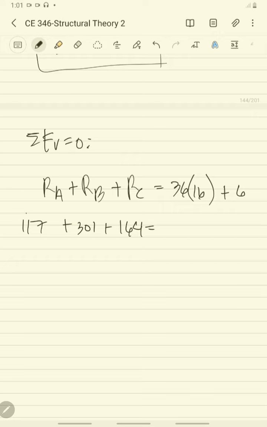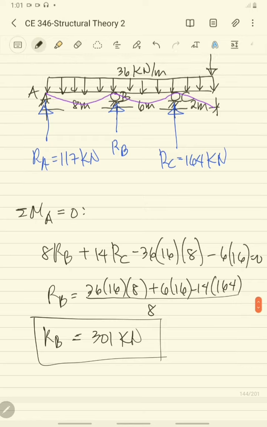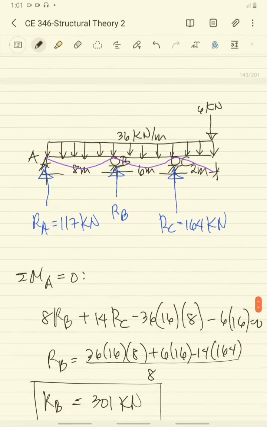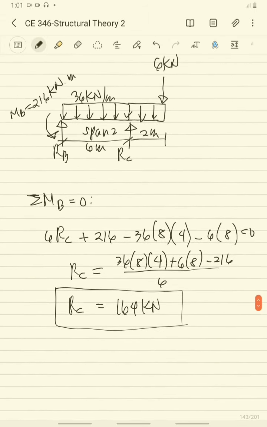So it should be 36 times 16 plus 6, that is 582. So 117 plus 301 plus 164 equals 582. So both sides are equal. So this is correct. Now we can conclude that the reactions are correct. I hope you understand this example. Thank you.